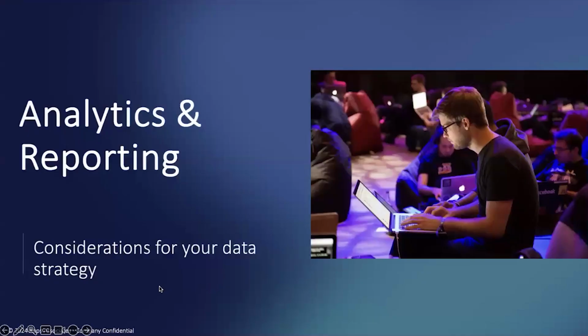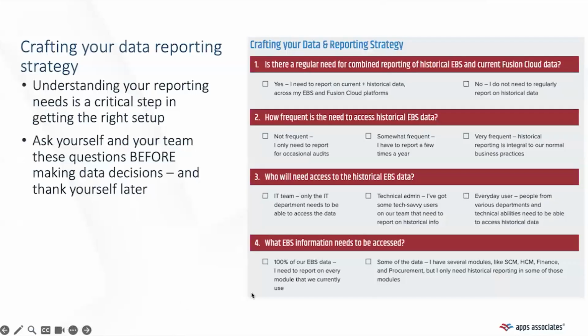Now let us talk about some of the analytics and reporting requirements when you are planning for Fusion SaaS. When you are thinking of this cloud journey, these are some of the metrics or checklist items you need to think through.